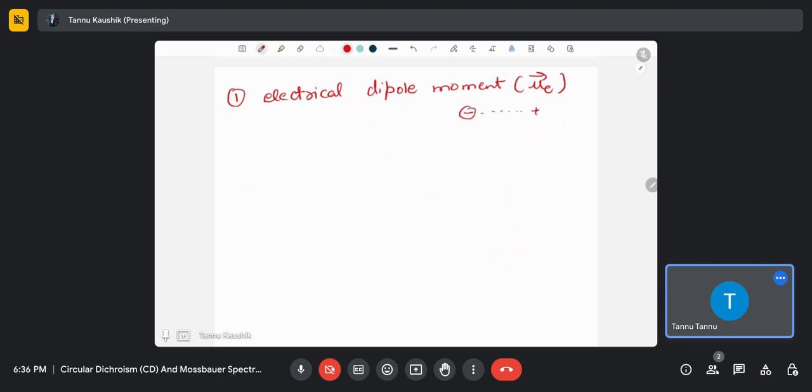That is distribution of electron density, and this is a resultant of electric field.